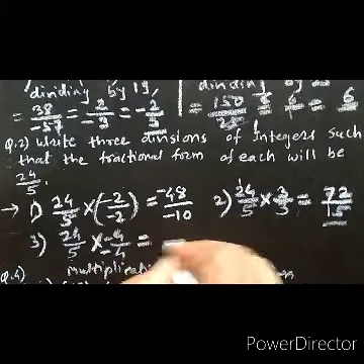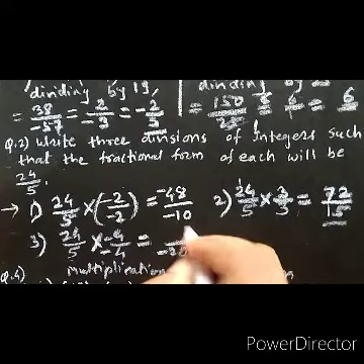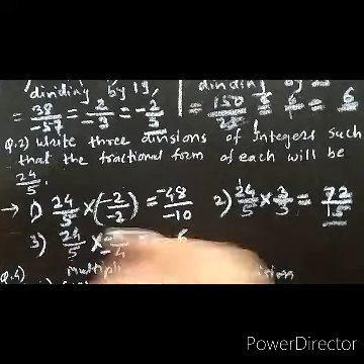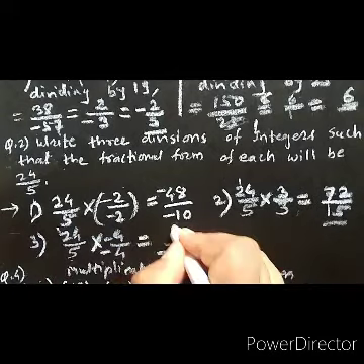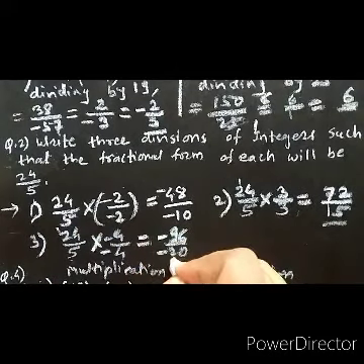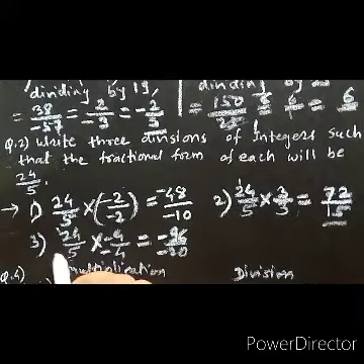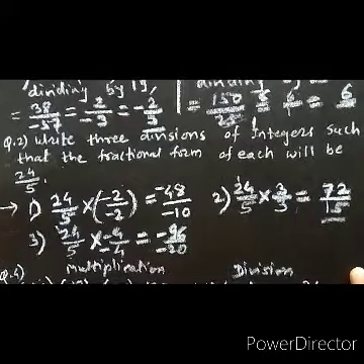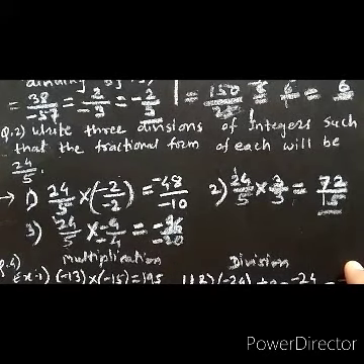So 4 5s are 20, minus 20, 4 4s are 16, 1 carry, 4 2s are 8 plus 1 is 9, that is minus 96 upon minus 20, after simplification we get plus 24 upon 5. So these are the 3 divisions of integers.